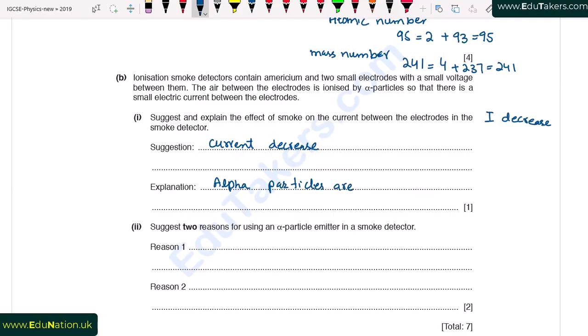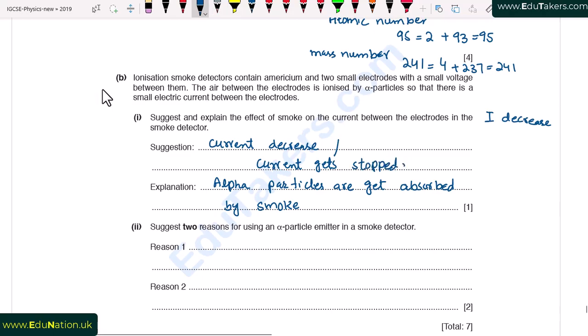Alpha particles get absorbed by smoke. In suggestion, we can also write that current gets stopped.